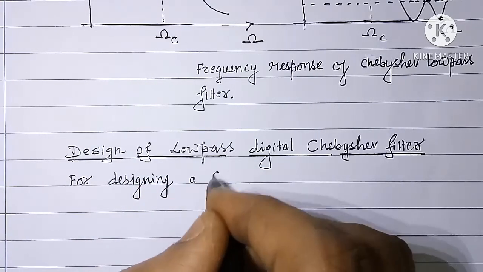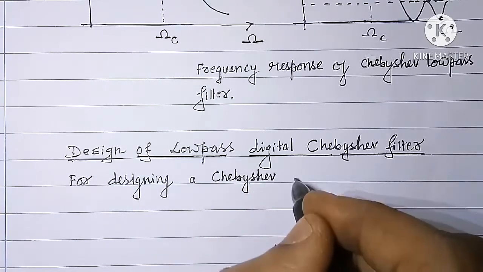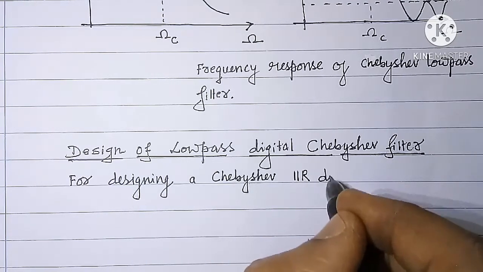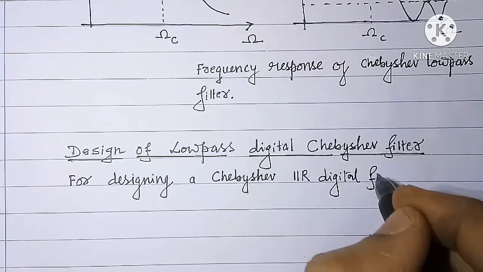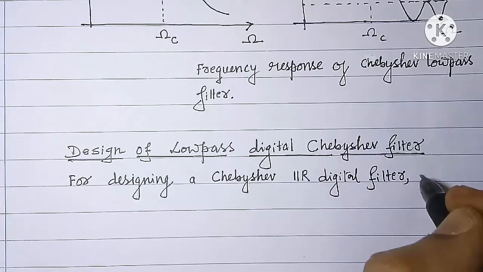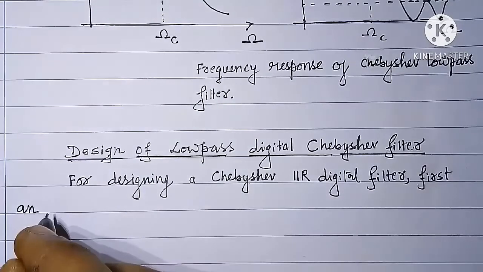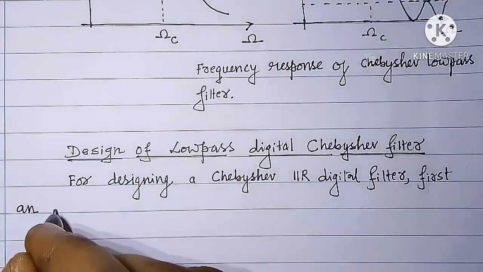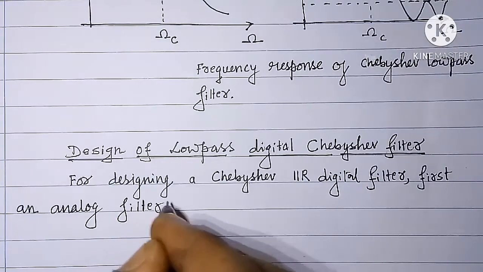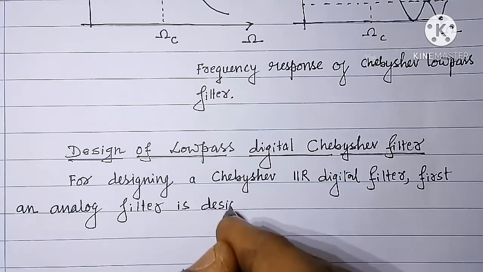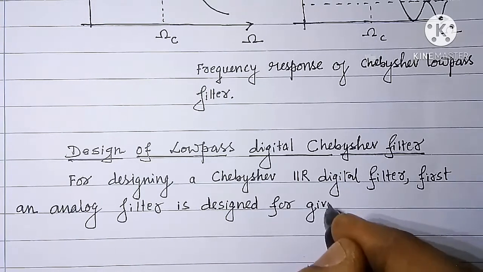For designing a Chebyshev IIR digital filter, first an analog filter is designed for given specifications.